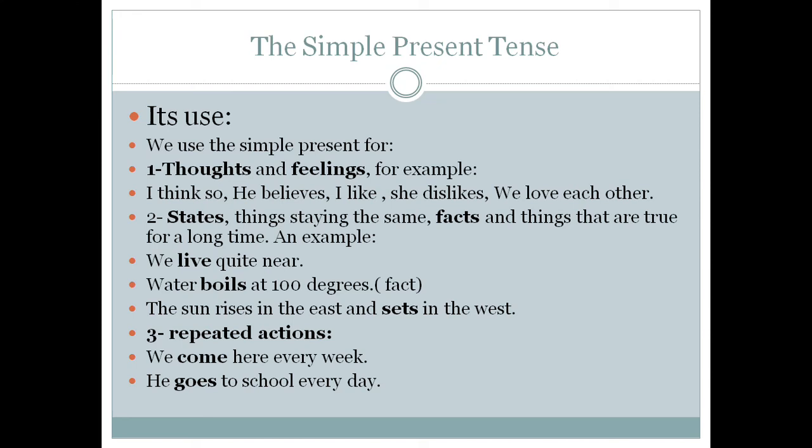We come here every week. He goes to school every day. He visits his relatives every Friday. And so on. So any repeated action can be expressed by present simple tense.